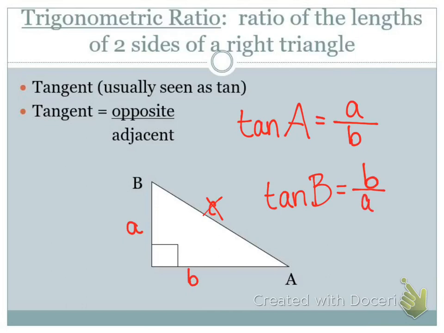Notice that they did not label the last angle. They did not put a name by the 90-degree angle. What side is opposite the 90-degree angle? The hypotenuse. And we are not going to use the hypotenuse. So in a right triangle, we're only ever going to talk about the tangent of the other two angles, the non-right angles.